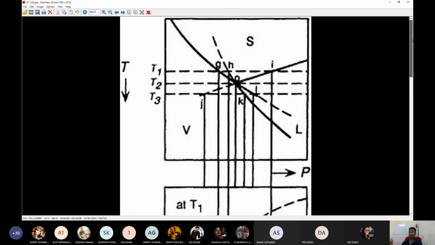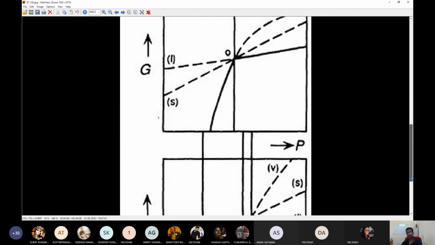Talk about point L. From point K onwards, that's PK onwards, the liquid phase is the primary phase field. But at this point L, there is a metastable equilibrium between the solid phase and the vapor phase, which is this equilibrium line that, beyond the critical triple point, runs in a metastable manner into the primary phase field of the liquid phase. For point T3, that's where it intersects with point L. Point L is PL, that's pressure L, and you can take L at PL and put it onto the last diagram.